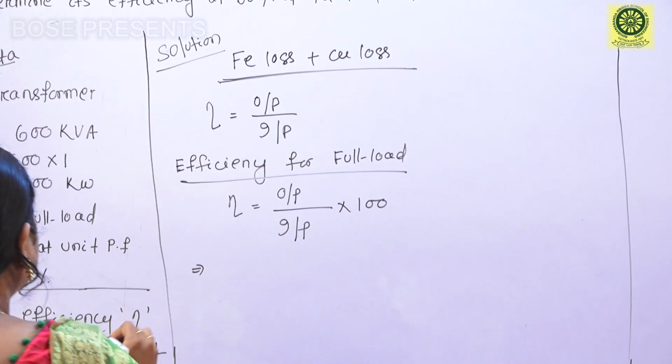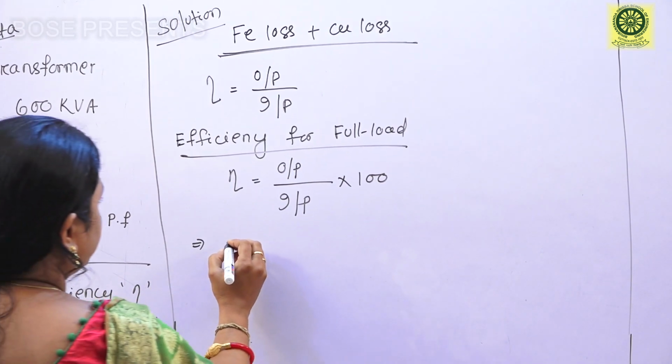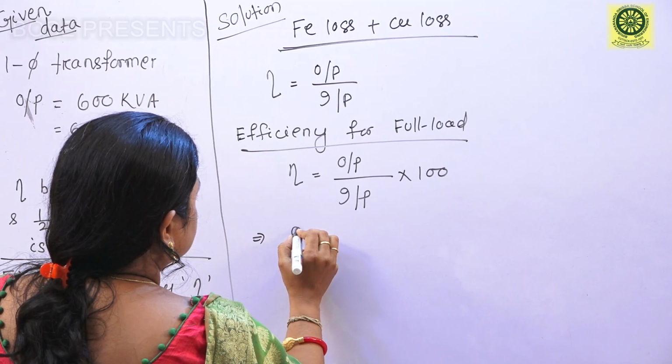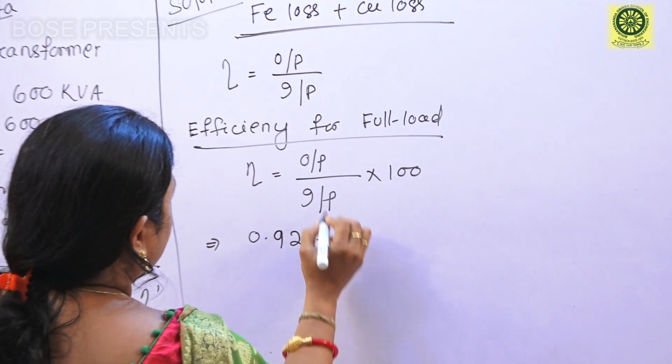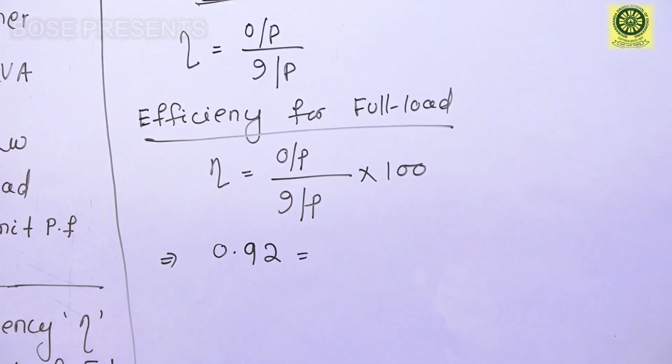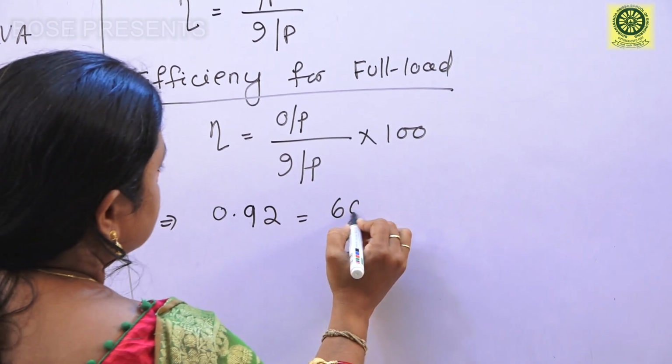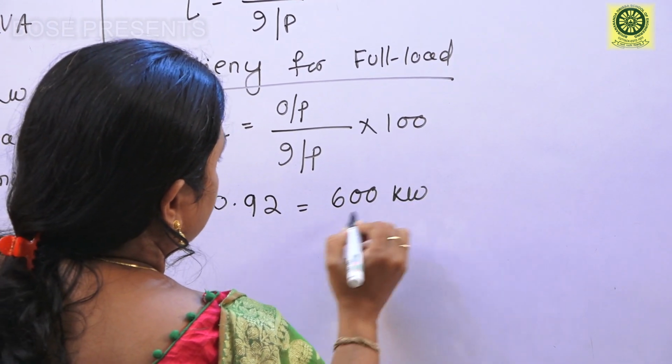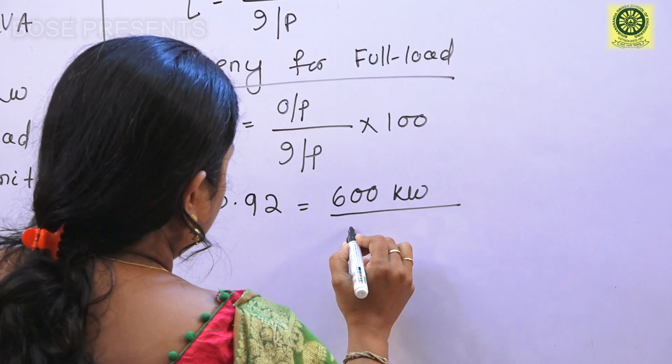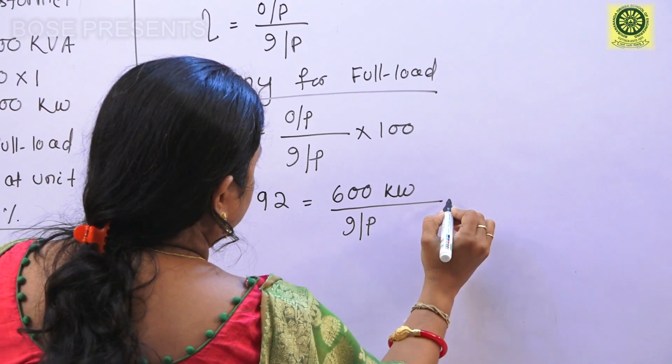So given efficiency is 92%, that means 0.92, and the output power in full load is given as 600 kilowatt, divided by the input power.